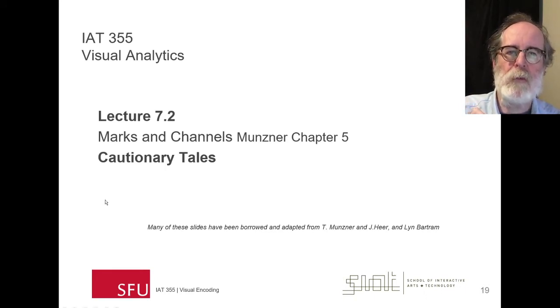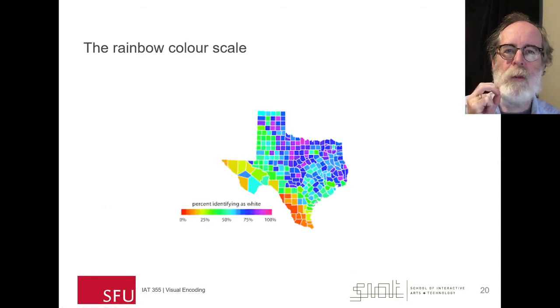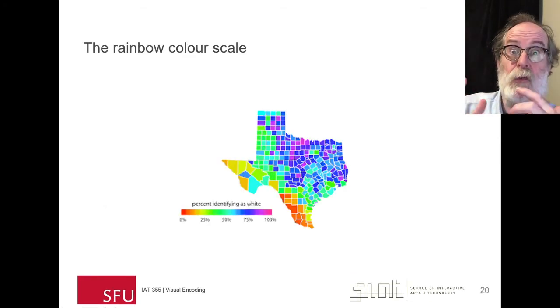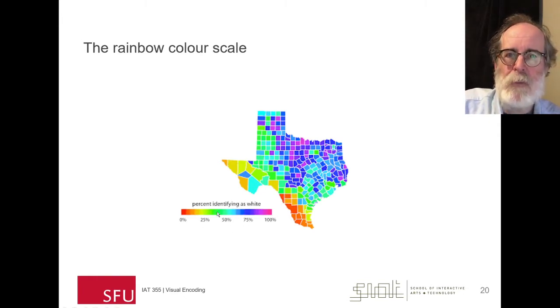So let's get started. One of the first and most salient mistakes that you can make is to mistakenly map color. One of the key ways to mistakenly map color is through the use of what's called the rainbow color map. The rainbow color map seems to be innocent enough.